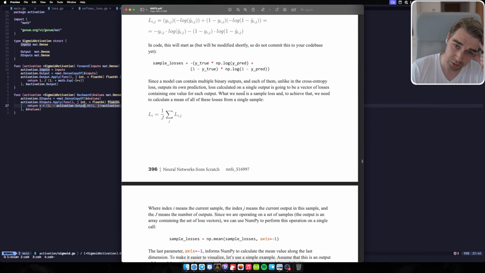Loss calculated on a single output is going to be a vector of losses containing one value for each input. What we need is a sample loss.